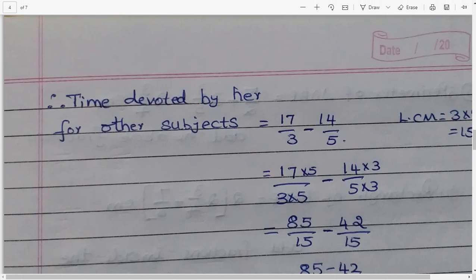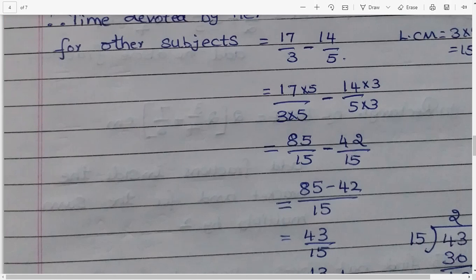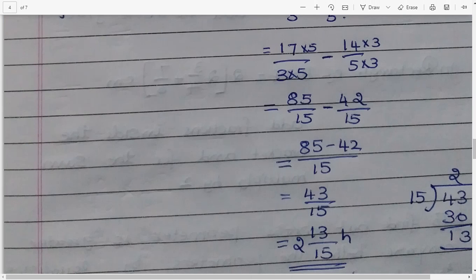Again same method, taking the LCM. 5 and 3 have no common factor, so multiply the numbers and make the denominator 15. So 5 you have to multiply here, 3 you have to multiply here, product you write 85 by 15 minus 42 by 15. Denominators are equalized, so single denominator and numerators with the sign. So 85 minus 42, if you subtract, 43 by 15.